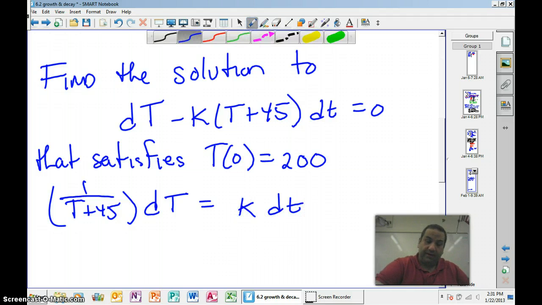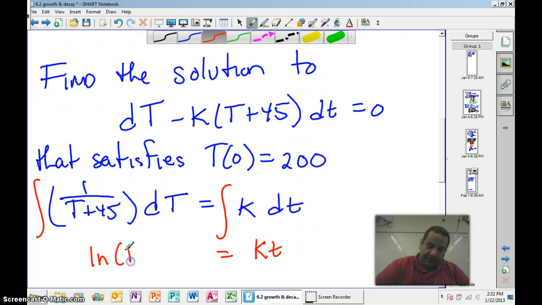At this point, this is called separation of variables. We've done a little bit of this before. So I'm going to integrate both sides here. I'm going to get kt, which is kind of cool because that's something we have. And on this side, I'm going to get the natural log of t plus 45. Then I guess there's a plus c somewhere. Okay, plus c.